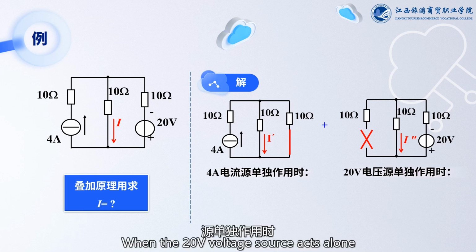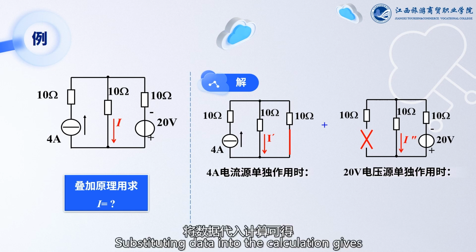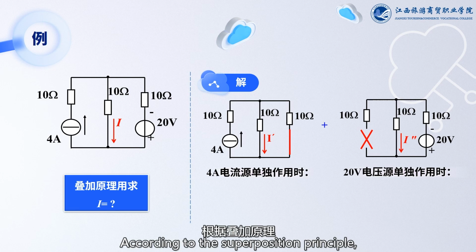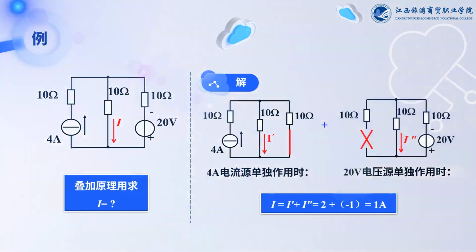When the 20V voltage source acts alone and the left branch is disconnected, substituting data into the calculation gives I'' equals negative 1A. According to the superposition principle, I equals I' plus I'' equals 2 plus negative 1 equals 1A.